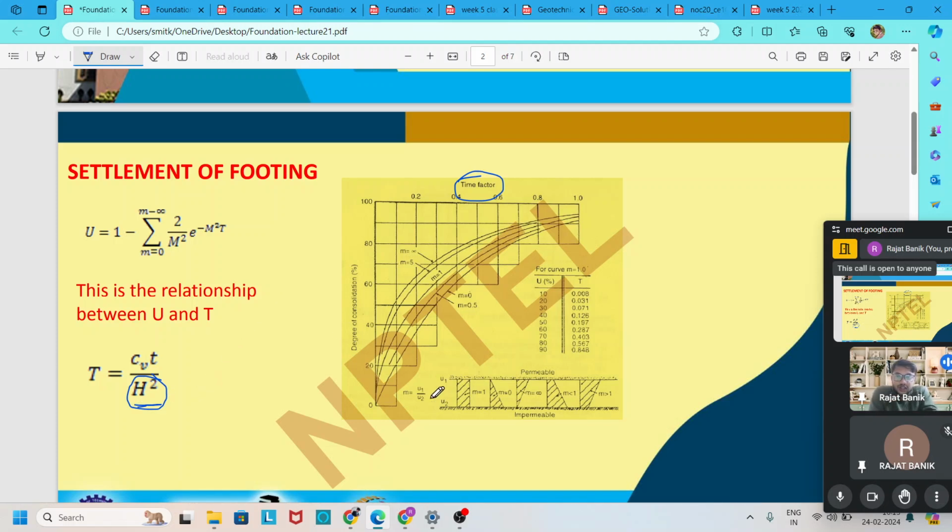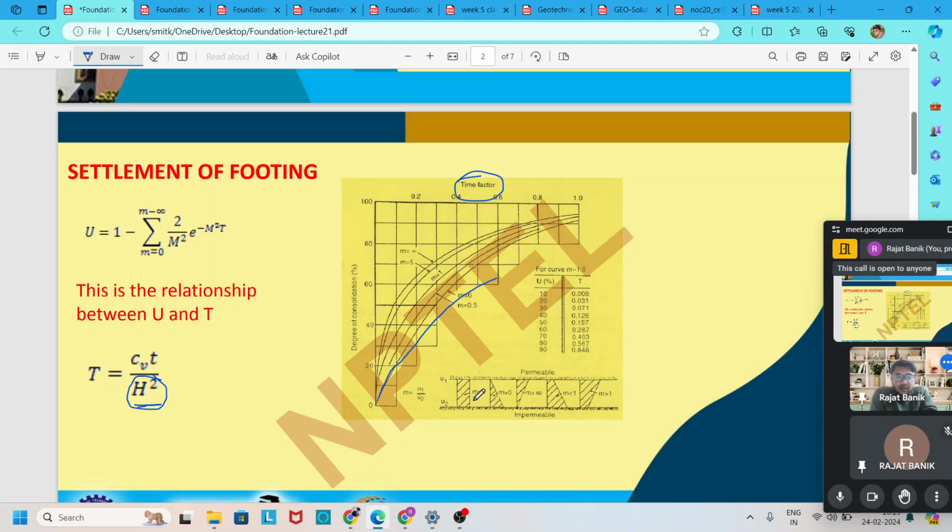If the degree of consolidation increases from 0 to 100, the time factor also increases, and it is a non-linear curve.